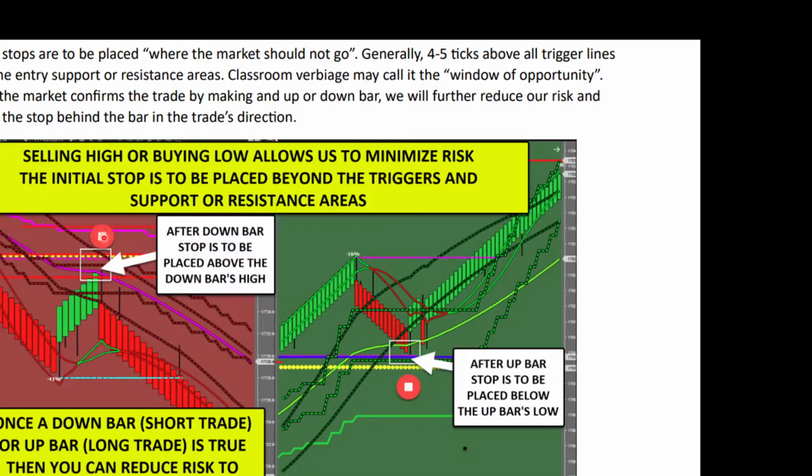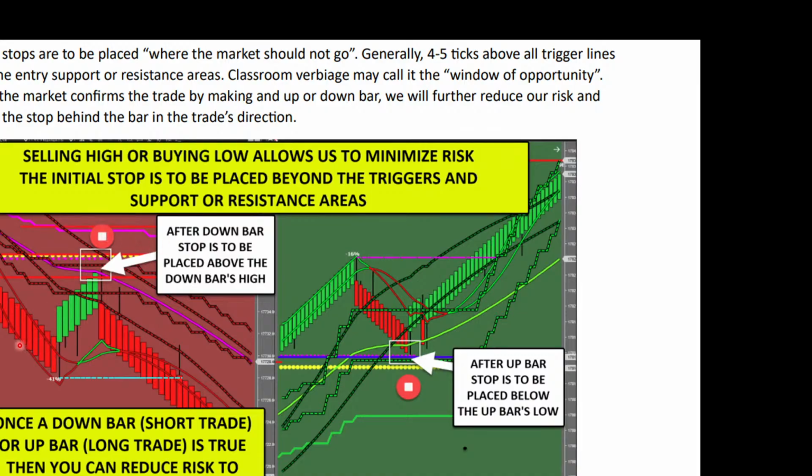Initial stops are going to be placed 4 to 5 ticks above these trigger lines. And I'm going to tell you, there will be instances where your stop gets hit. I've never, ever in my life met a trader that doesn't take losses. The idea is that you take acceptable losses.